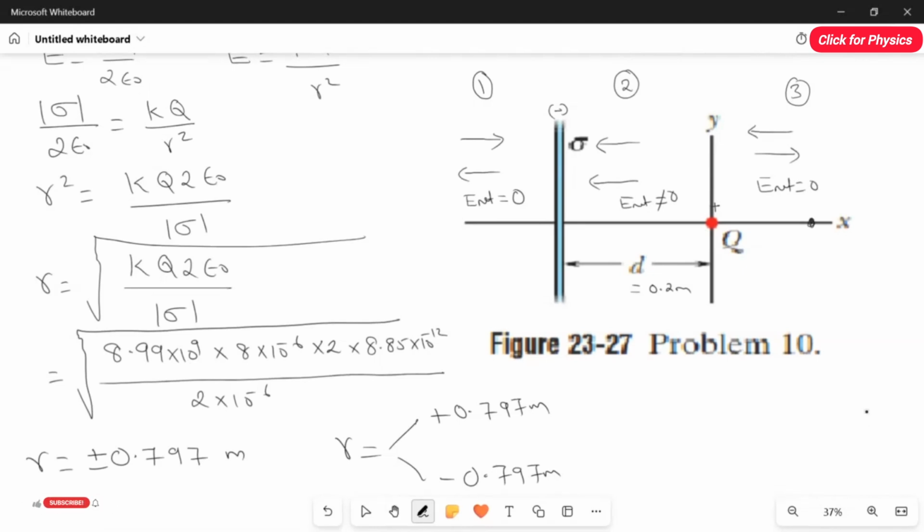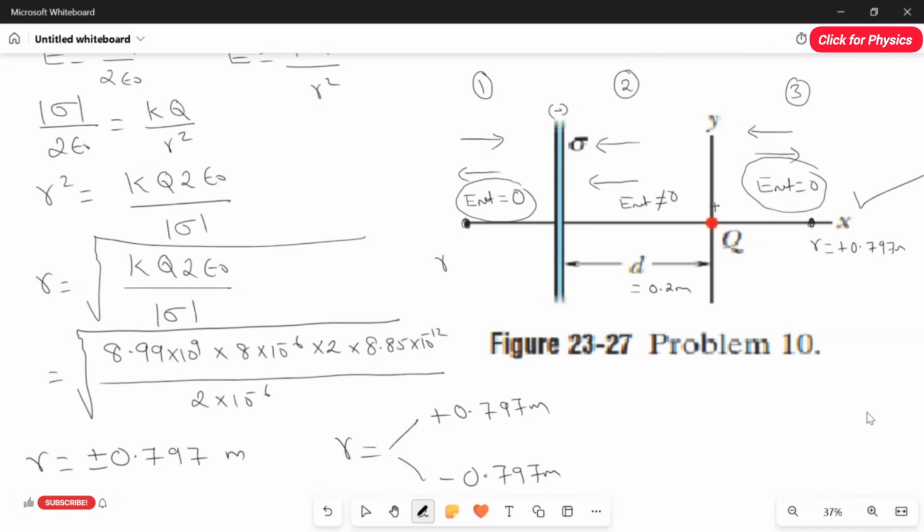So that means when you fix R equal to plus 0.797 meter, the electric field is equal to 0. That means we can consider this point. Likewise, you have to fix the negative value. From the sheet, your negative value will be here. So in this location also, your net electric field is equal to 0.